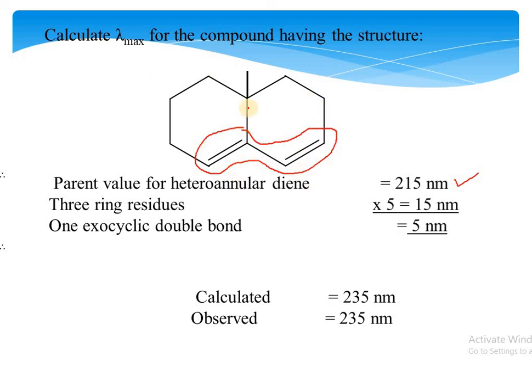How many sides are touching the system of the ring? These are 1, 2, 3. So there are 3 ring residues. For 1 the value is 5, so 3 will give 15 nanometers. And if we see carefully, this double bond is exocyclic to this ring, so one exocyclic double bond is present.